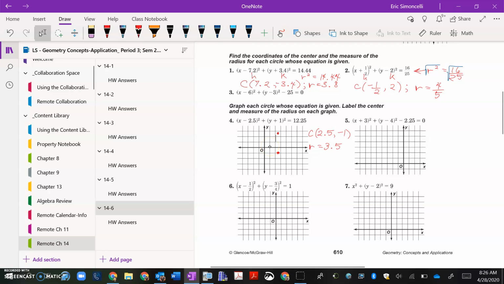Let's go 1, 2, 3.5 here, and so on and so forth. From here, we're pretty much good to go. We can graph our circle.